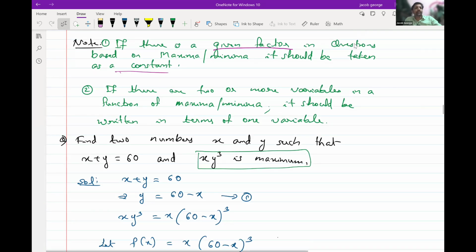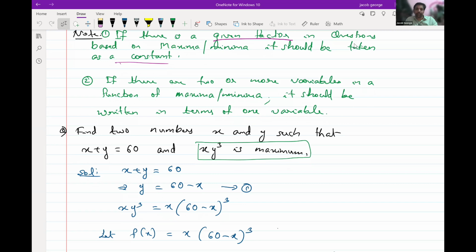Find two numbers. You can do this question right now to get a practice. Find two numbers x and y such that x plus y is equal to 60 and xy cube is maximum.